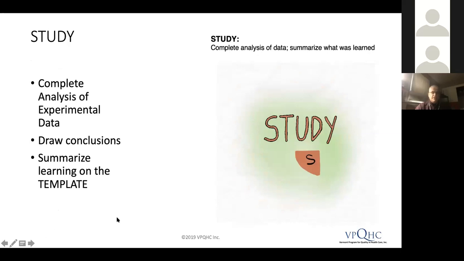And for studying, you're going to complete that analysis of experimental data and draw the conclusions and summarize that learning. Analysis can be all sorts of different methods, anything from basic descriptive statistics, Pareto analysis. It can utilize all sorts of different tools like Ishikawa diagrams.